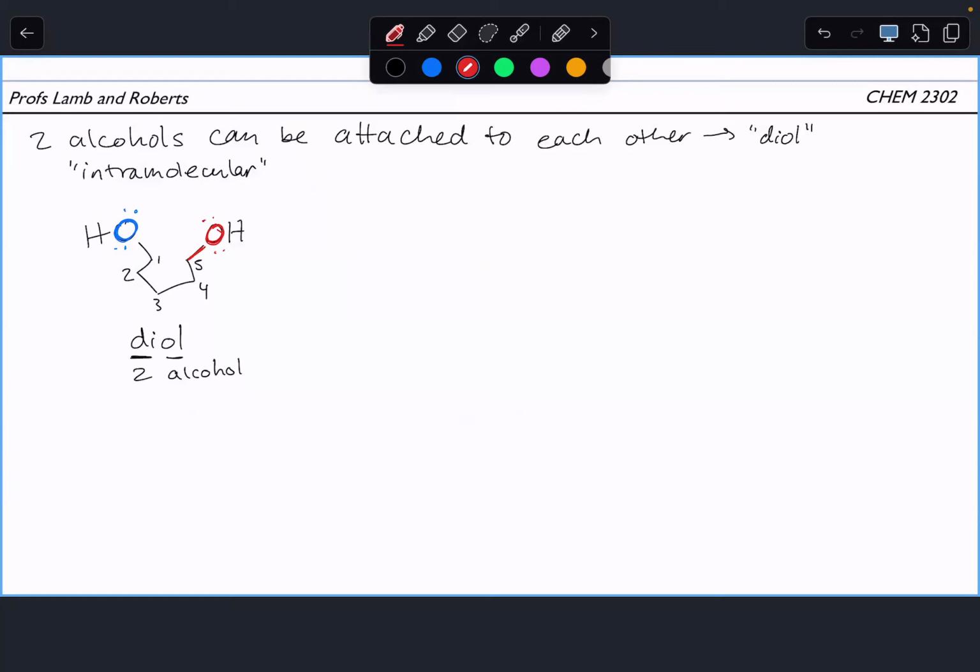We need to make a better leaving group on the electrophile side. So let's do that. We have our acid, we have our heat. Our electrophilic side is going to grab that proton.